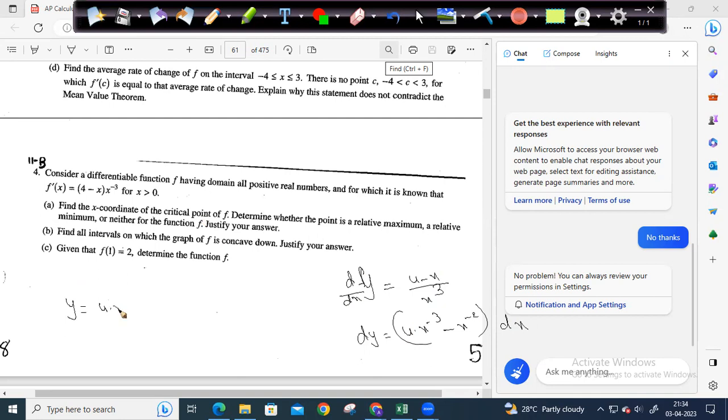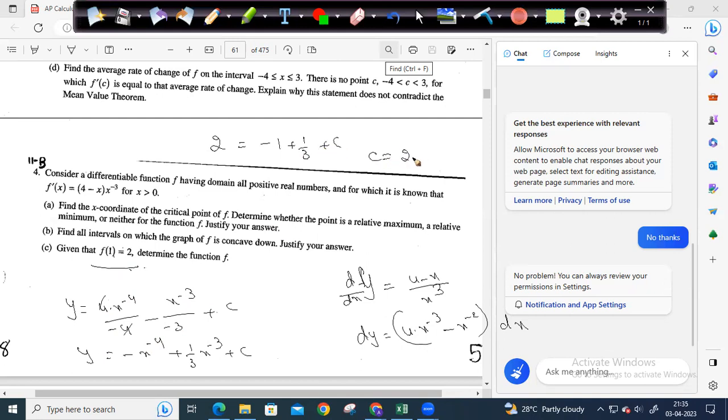y is equal to 4 into x power minus 4 by minus 4, minus x power minus 3 by minus 3, plus c. That is minus x power minus 4 plus 1 by 3 x power minus 3 plus c is equal to y. But they give f of 1 is equal to 2. Put x is equal to 1, y is equal to 2. 2 is equal to minus 1 plus 1 by 3 plus c, so minus 2 by 3.